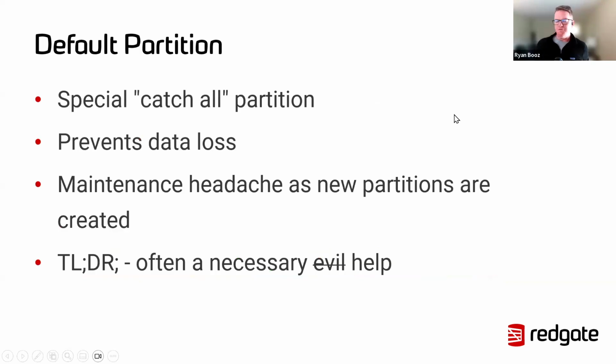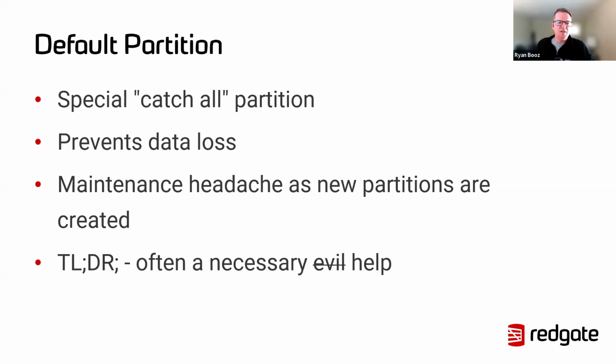And last but not least, the default partition. I've mentioned this a few times. So when declarative partitioning came along, this is good stuff. I love it. The default partition is kind of a necessary evil, is what I say, or necessary help. In many cases, you may have experienced data coming in unexpectedly that may not match a particular range.